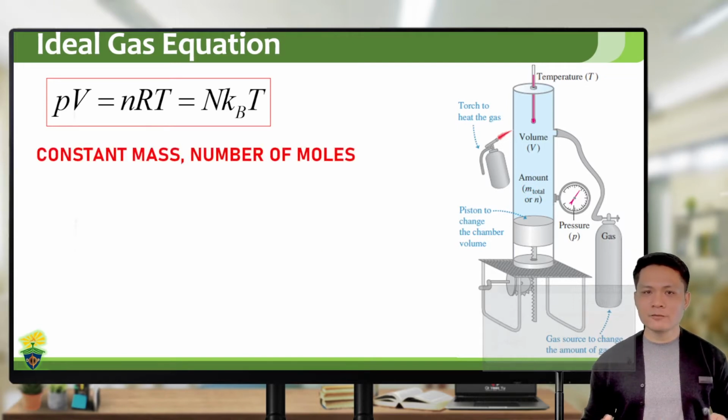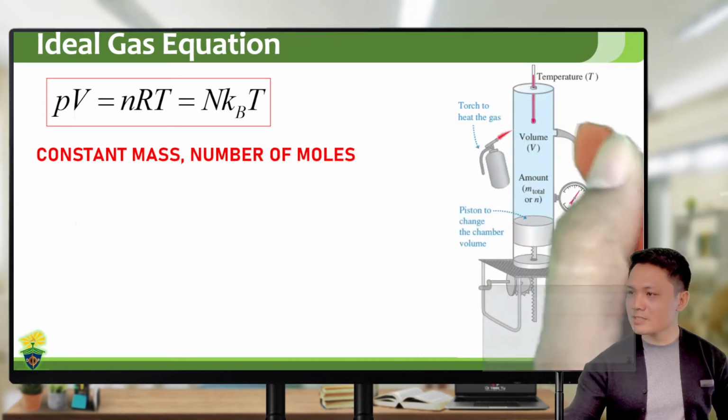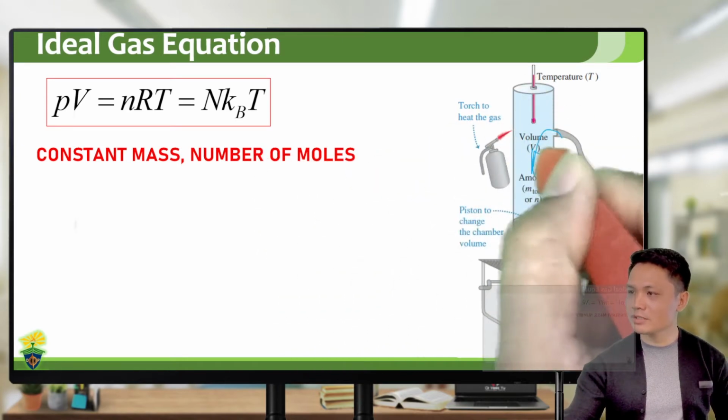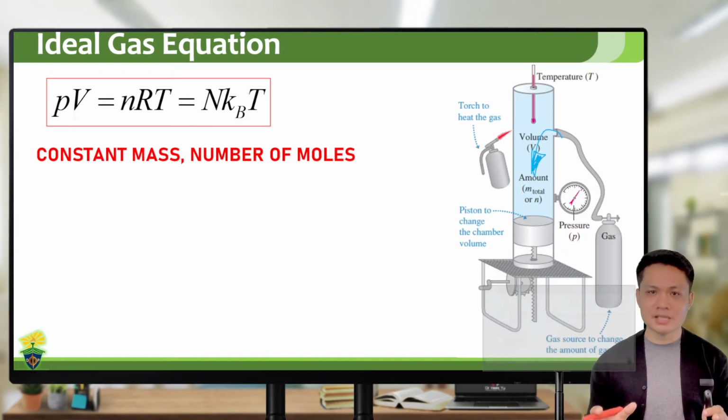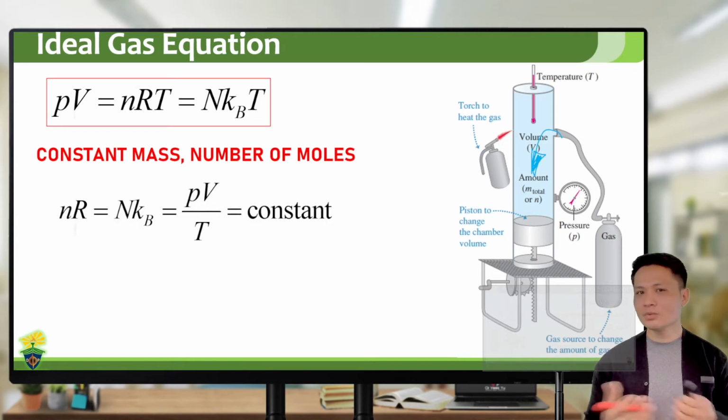So if we consider that amount of gas we introduce into the container, we have a fixed amount of gas. So we have a fixed value of mass. We have a fixed number of moles of that gas. Then what will happen?